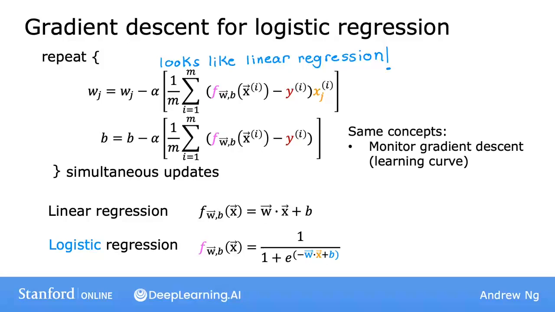Similar to the discussion on vectorized implementations of linear regression, you can also use vectorization to make gradient descent run faster for logistic regression. I won't dive into the details of the vectorized implementation in this video, but you can also learn more about it and see the code in the optional labs.